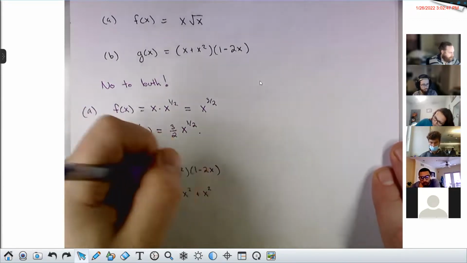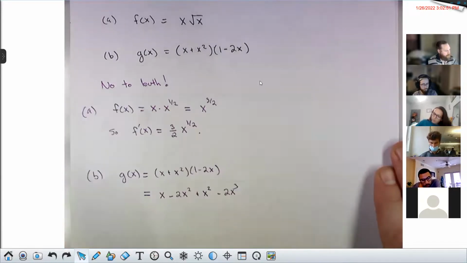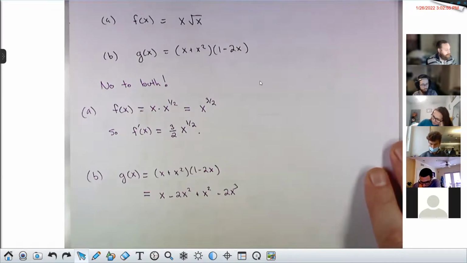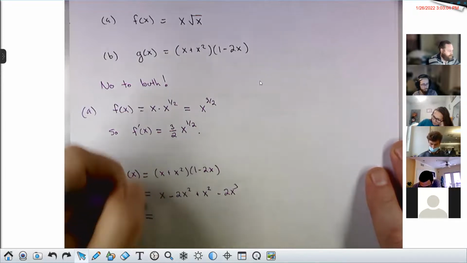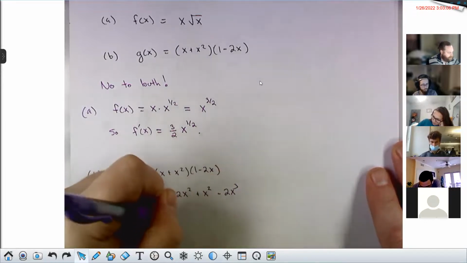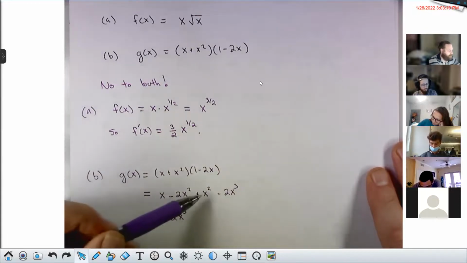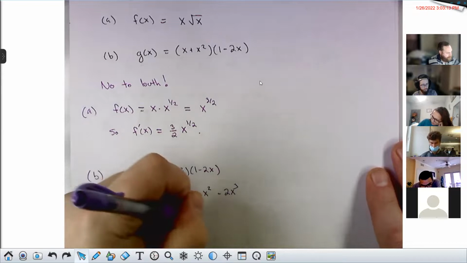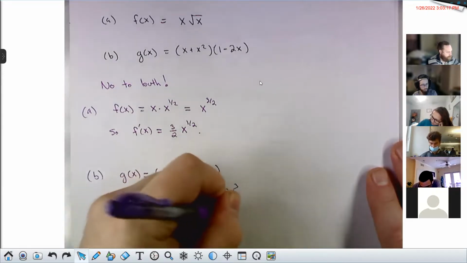And my last are minus 2x cubed. And you could differentiate from here, but you can save yourself even more time by combining these like terms. So minus 2x squared plus 1x squared. Let's put this in the standard order with the largest term at the front. So minus 2x cubed. And then I've got negative 2x squared plus 1x squared, that's minus 1x squared. And then I've got an x over here, so plus x.